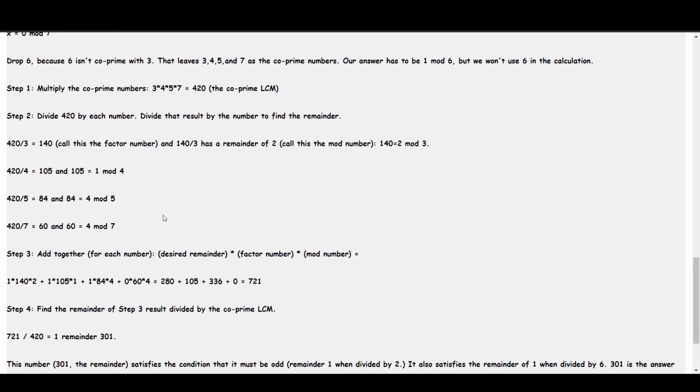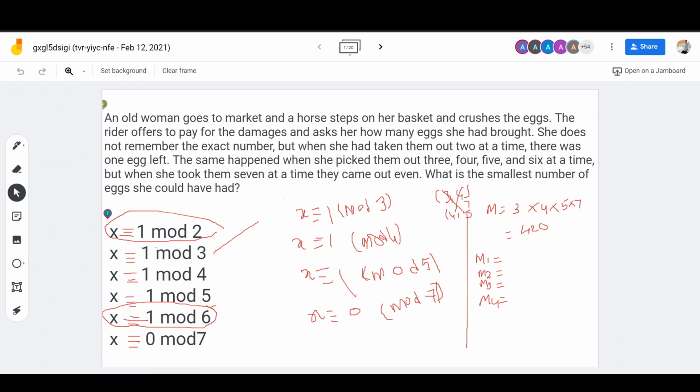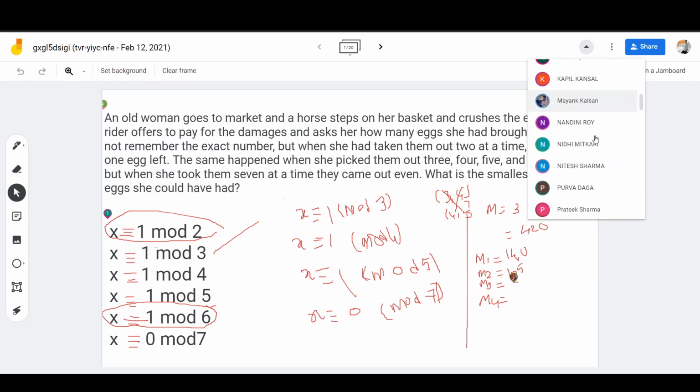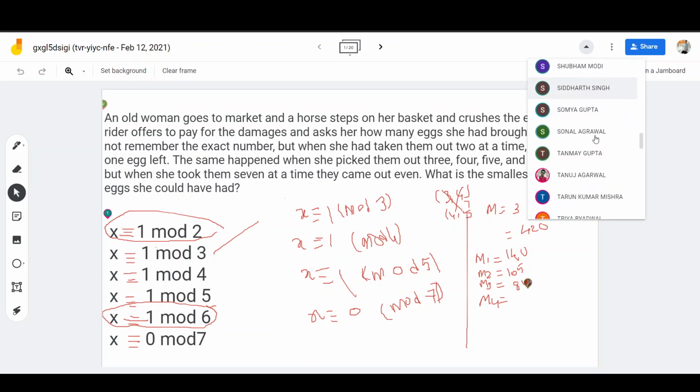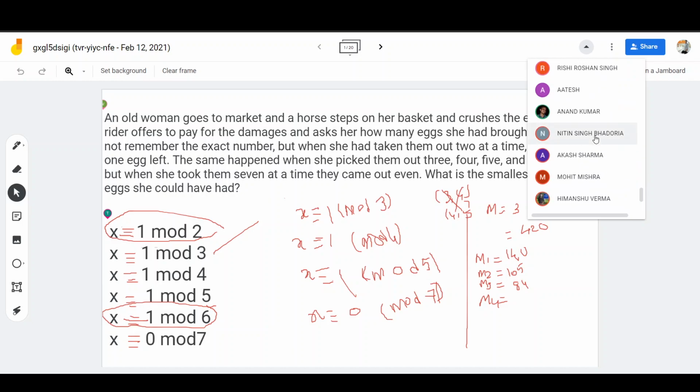Same way compute M2, and this is going to be 105. Next, this one is going to be 84. And M4 is 60.